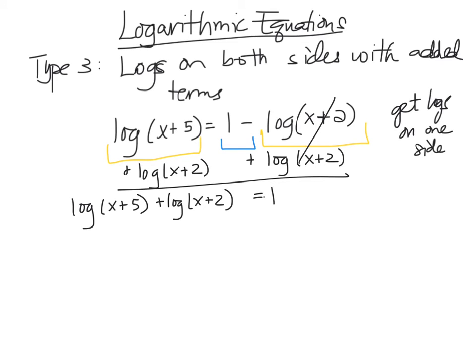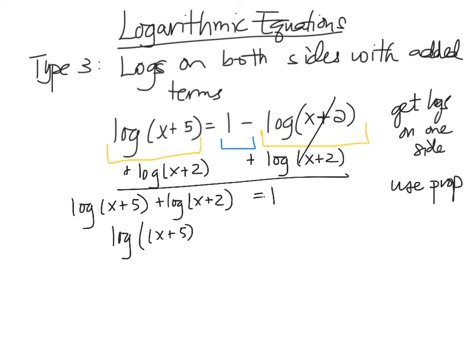And then now we can combine everything on the right side using one of the properties that we learned in the last video. So we can use the product property, which says when we add two logarithms, we multiply the quantities inside.